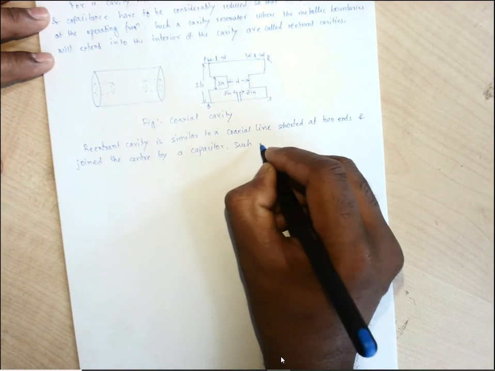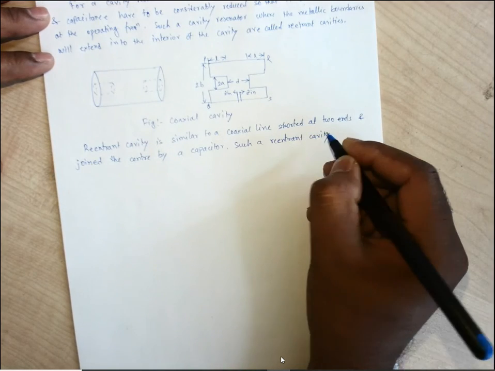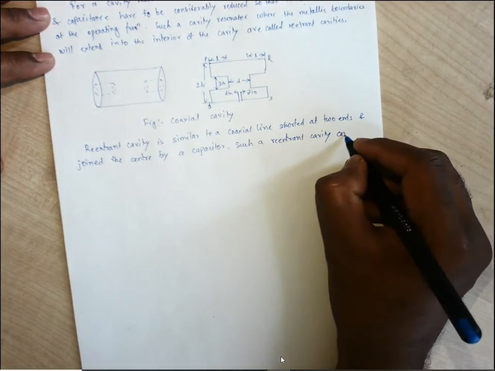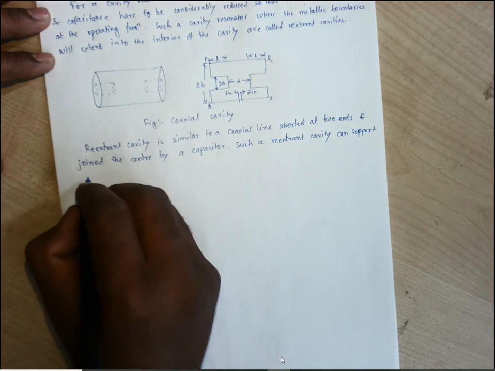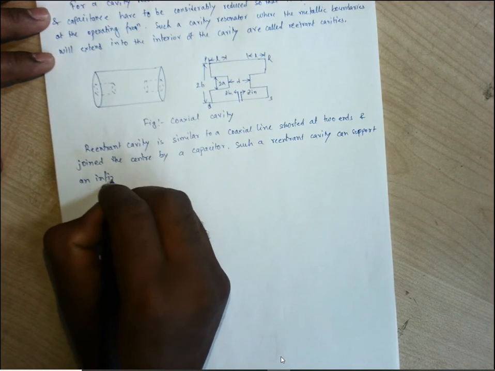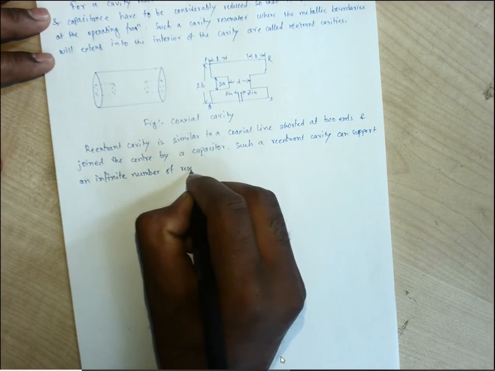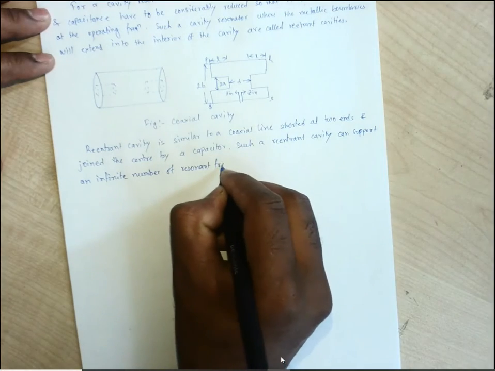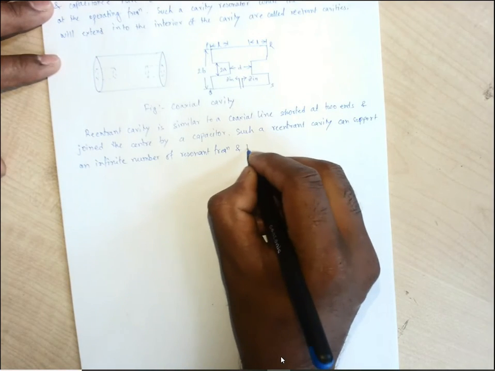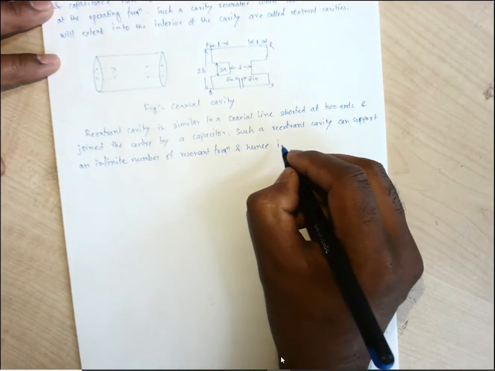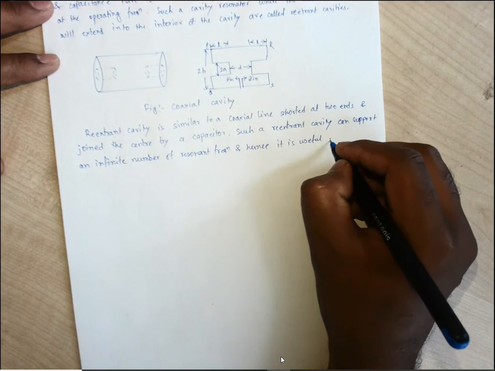Such a re-entrant cavity can support an infinite number of resonant frequencies, and hence it is useful in making klystron devices.